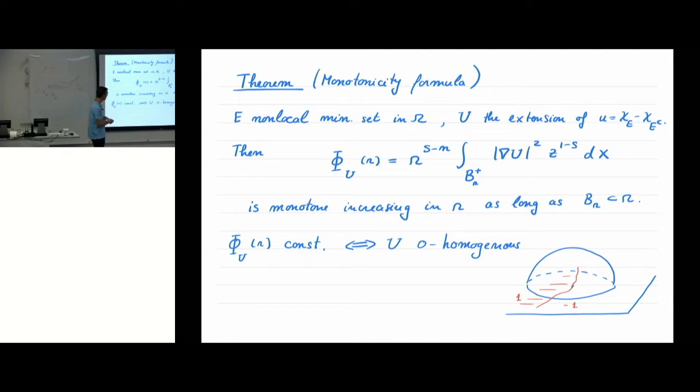So this function capital U contains information from the bottom data from everywhere. However, in the monotonicity formula, this is like a local quantity. I just look at this integral in B_R plus. It seems that you forgot what happens outside of B_R. You didn't forget because you include values of the extension inside this ball that carry the information from everywhere in the space.